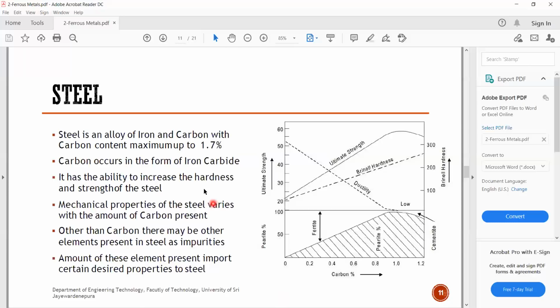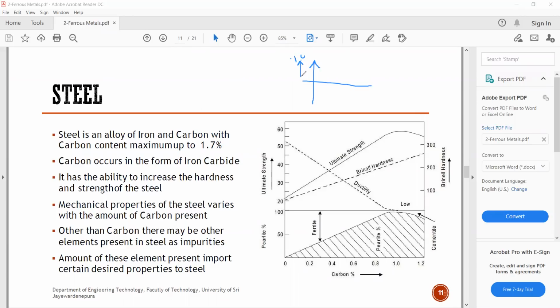Just to explain, think about this y-axis as percentage of carbon. Here the percentage of carbon is increasing, right?